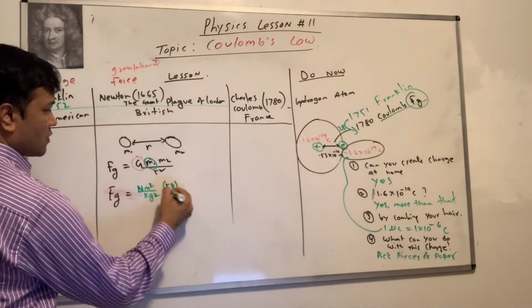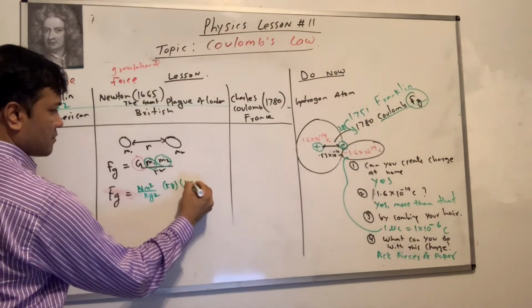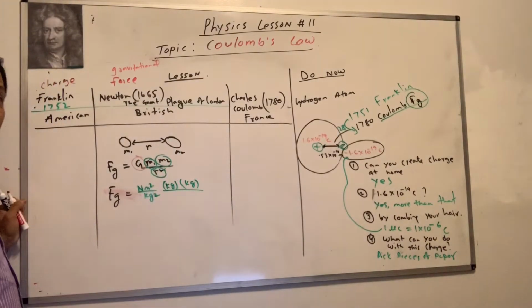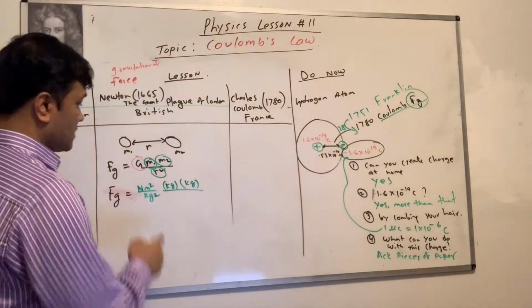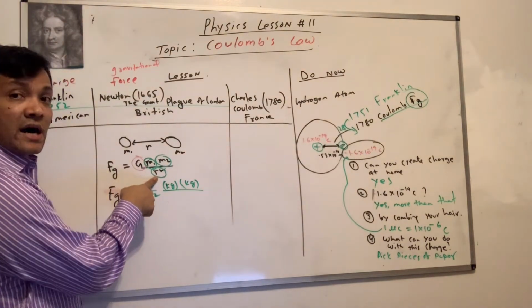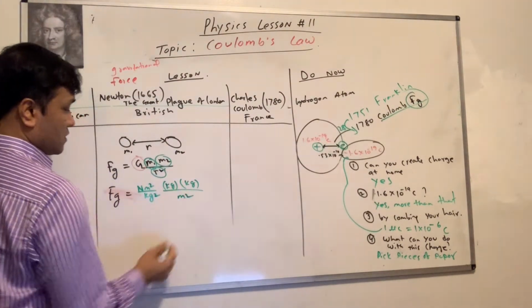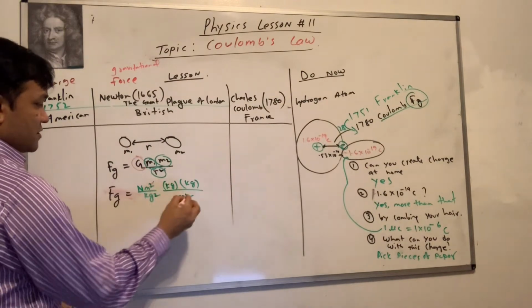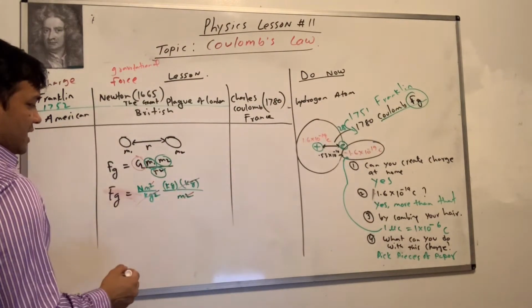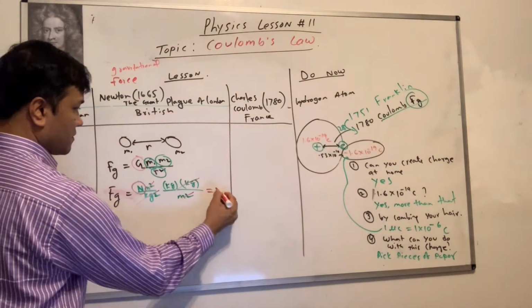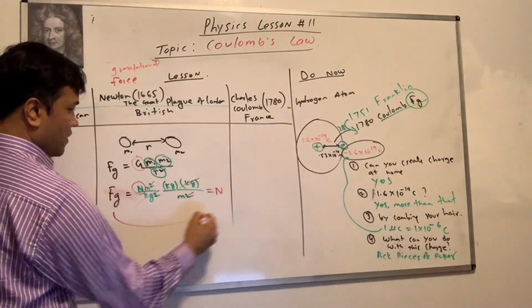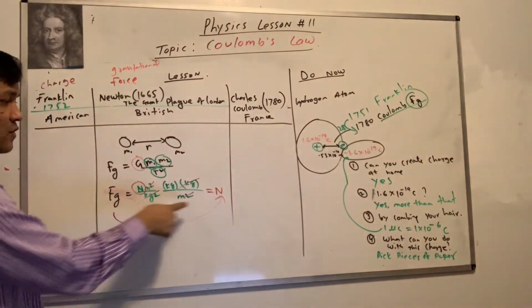Kilogram. What is the SI unit for mass 2? Kilogram. What is the SI unit for r, distance? This r is meter, so r squared is meter squared. So meter squared cancels, kilogram squared cancels, and you're left with Newton. Yes, the SI unit for gravitational force is Newton.